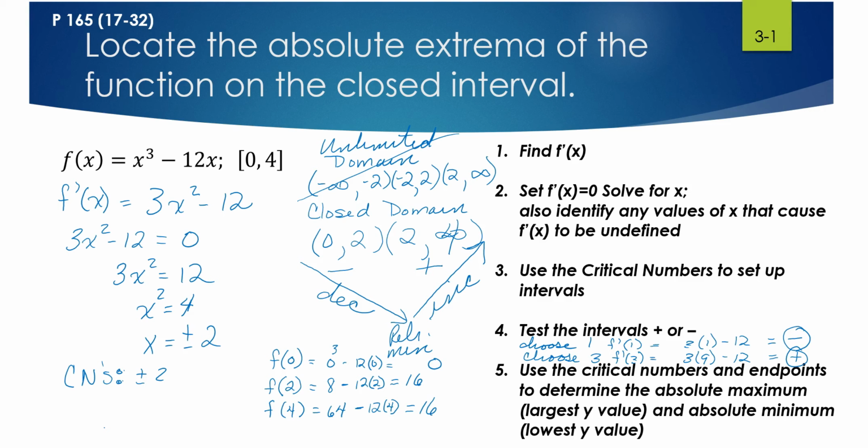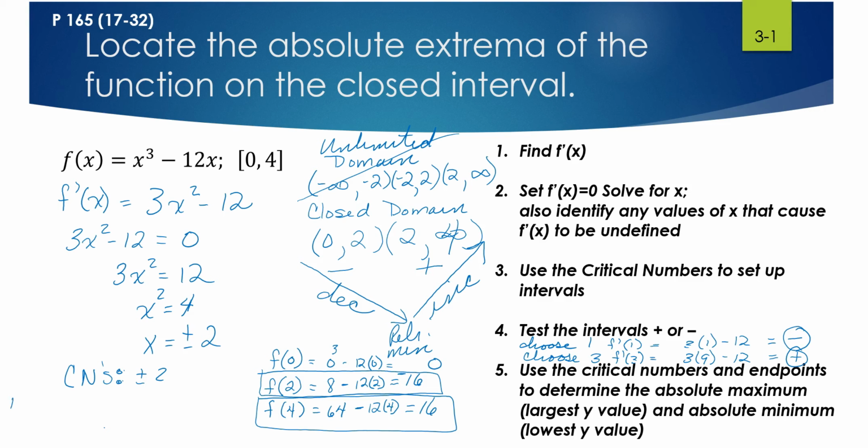So going back again, f of 0 was 0, f of 2 was negative 16, f of 4 was positive 16. So looking at the y values, f of 4 gives me my highest y value, and f of 2 is my lowest y value.